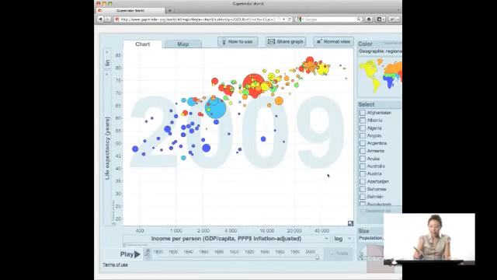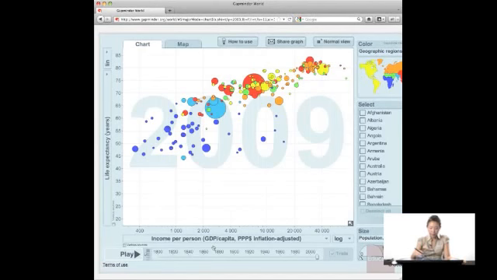But I want to show you this graph. Here, what we have on the bottom is income per person. So GDP per capita. This is the entire amount of money that the economy of that nation makes divided by how many people are part of that nation, right?